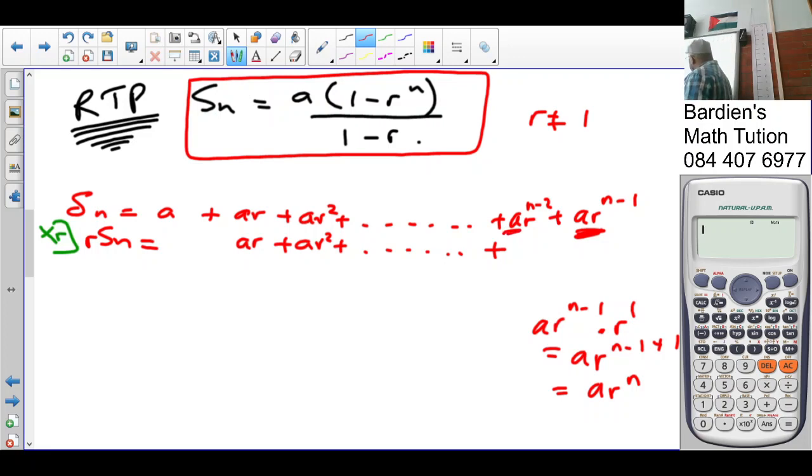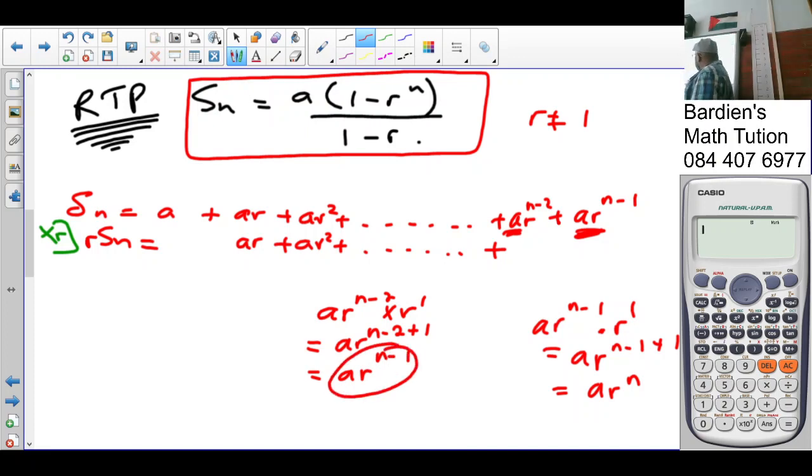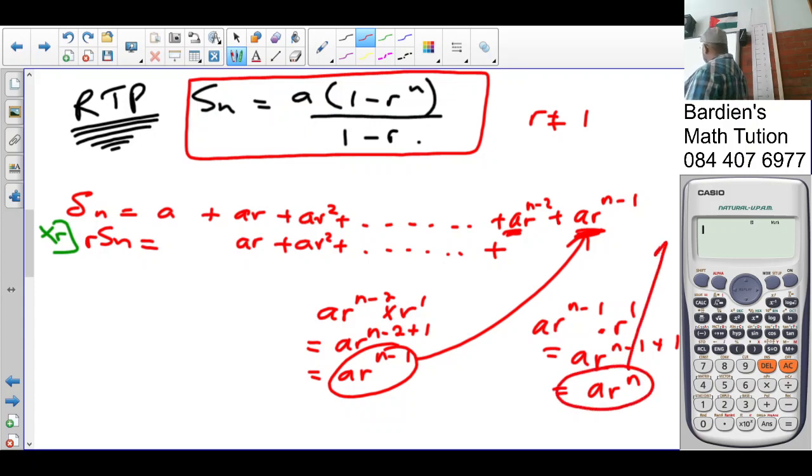If I multiply AR^(n-2) by R to the 1, I get AR^(n-2+1), which is AR^(n-1). So this one goes under the last term. Why? It's like terms. So where's this one going to go? It's in a category of its own.